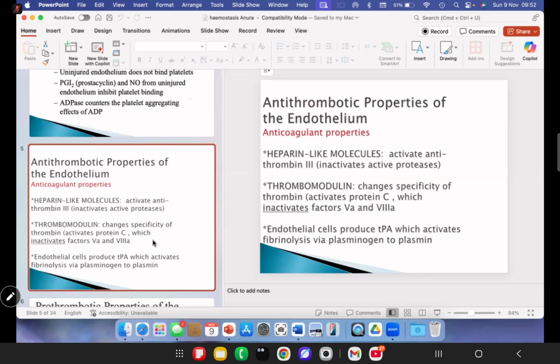So protein C inhibits clotting by inactivating factors 5 and 8. Thrombomodulin is produced by the endothelium, and the endothelial cell also produces TPA, tissue plasminogen activator, which activates fibrinolysis via plasminogen to plasmin. So it tries to eat the clot, basically.